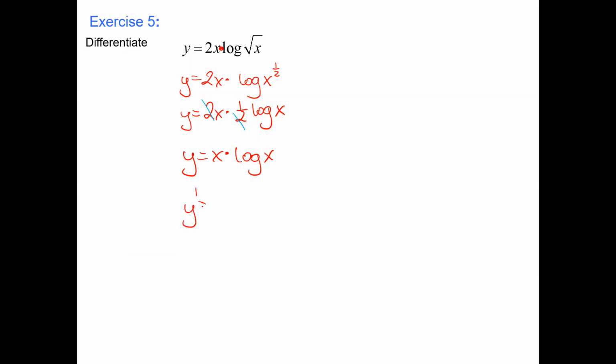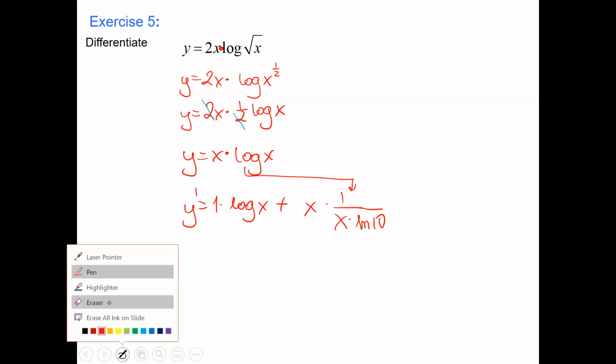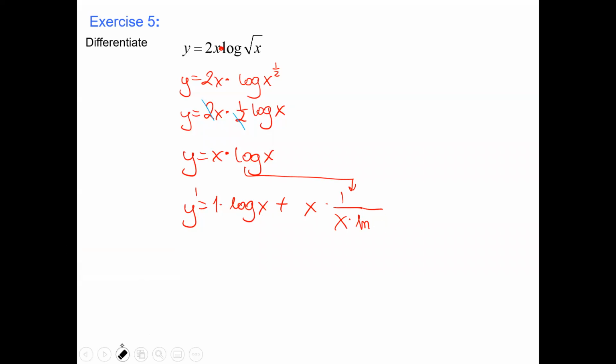Okay, derivative, product rule. The derivative of x is 1 times log plus x, and the derivative of the logarithmic function log of x is 1 over x times ln of 10. Because we know that's the base. If the base is not written, it's always 10. Okay, we can simplify a little bit.